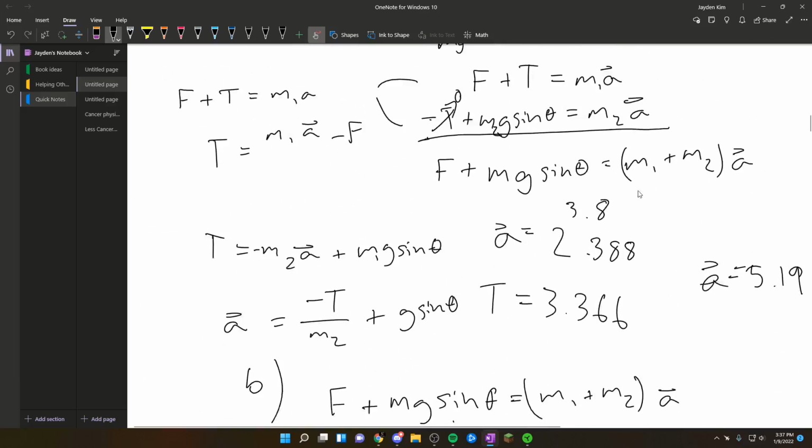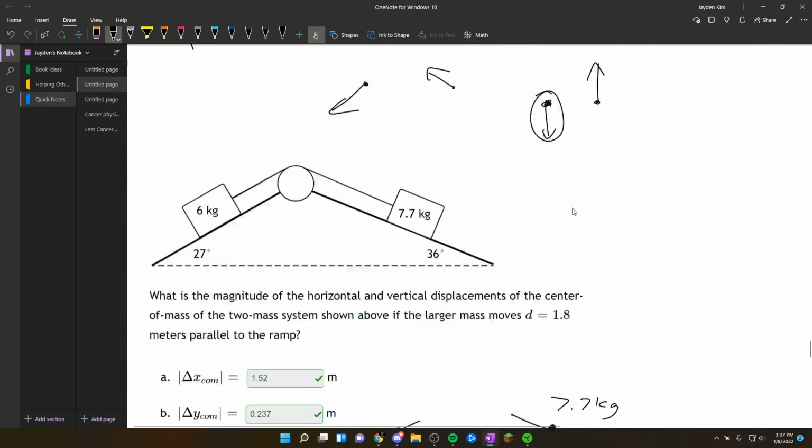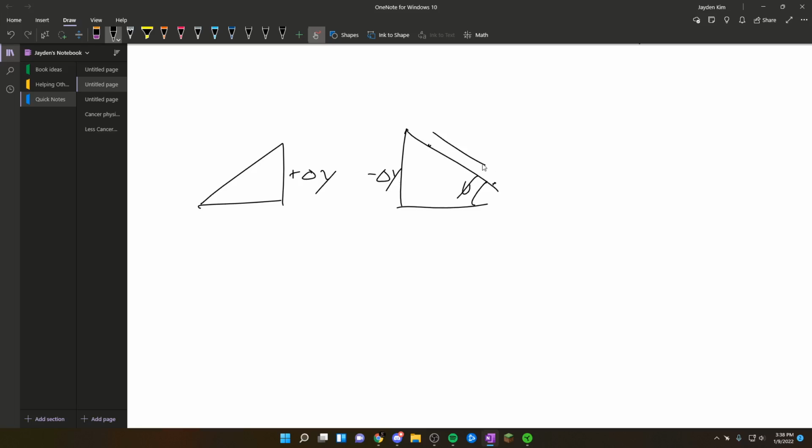So this mass is gonna be going up, so the delta y is gonna be positive. Okay, these are all different questions. Delta y is gonna be positive for this one, but on this one with the weird angle, it's gonna be negative delta y because it's going down the ramp this way.